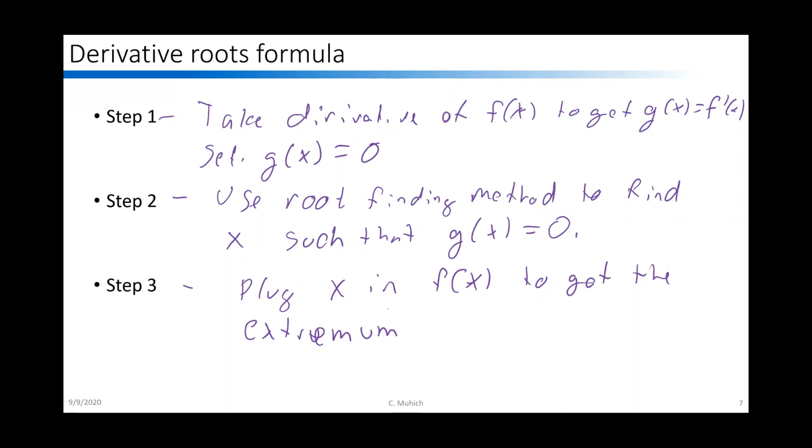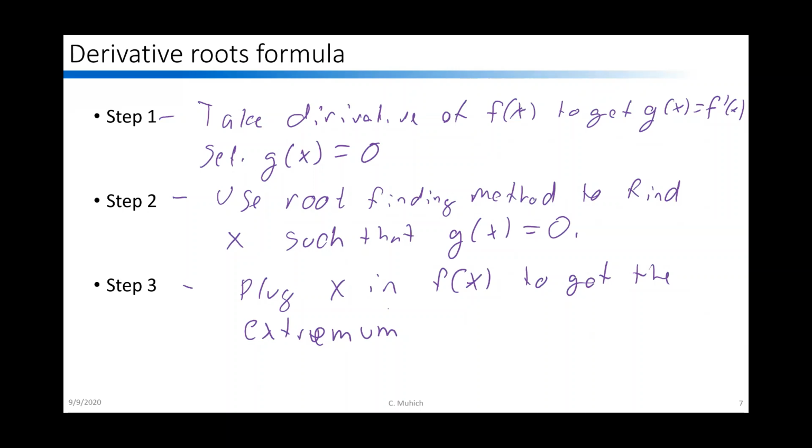What you'll notice through this step, particularly in step 1, is we have to be able to take that derivative. We need to know what the derivative of that function is. So we could use something like the secant method to calculate an approximate derivative, but that still requires lots of function evaluations.